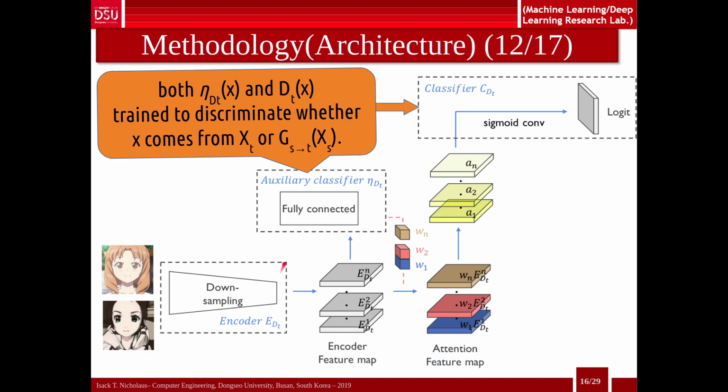For example, given 8 by 8, it maps it to 2 by 2, and then the encoded value is given to the fully connected layer in the auxiliary classifier. In this case, the auxiliary classifier acts as a discriminator, so it will try to discriminate whether the given input comes from the target or from the generator.